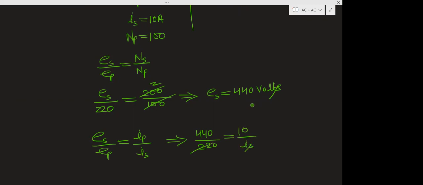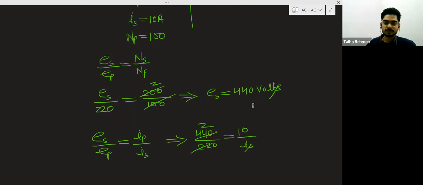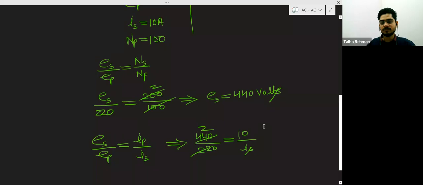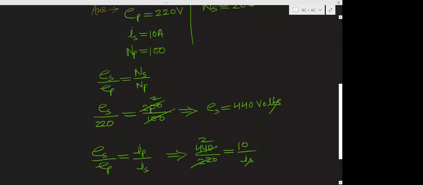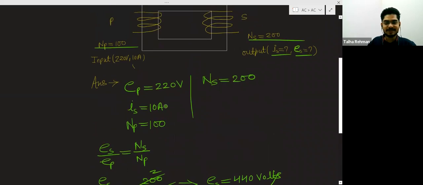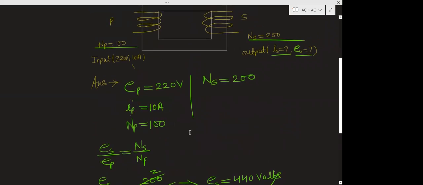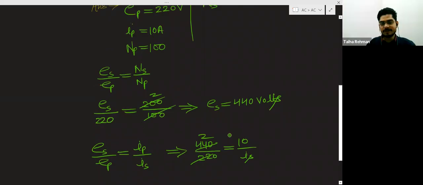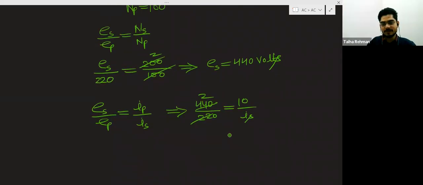Sir, you wrote IS there, you wrote IS is equal to 10 ampere in the given. Okay, it will be IP. No problem. So IS we can find: 2 fives are 10. So you will get 5 ampere basically.